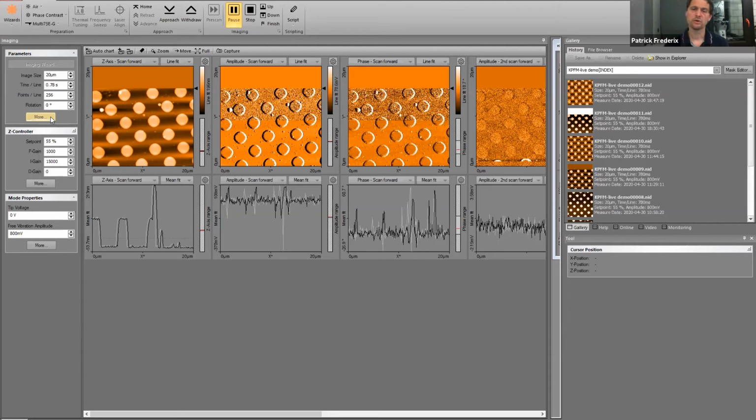With KPFM, you keep the voltage difference between the tip and the sample much smaller, at least the DC component of it. That gives you a much better resolution than what you can get with the EFM data, and it's at least semi-quantitative towards the work function, whereas the phase is much more difficult to quantify.